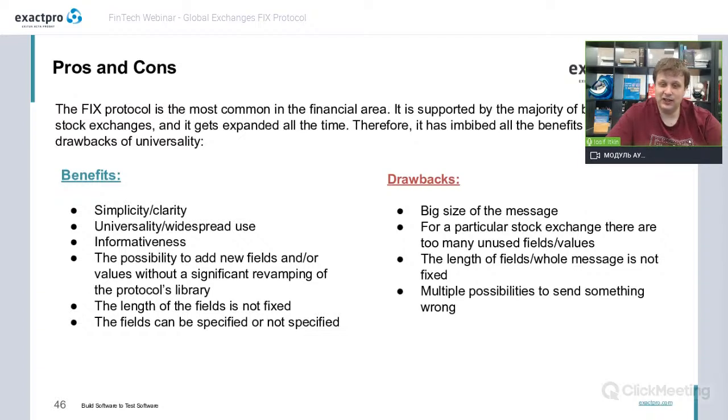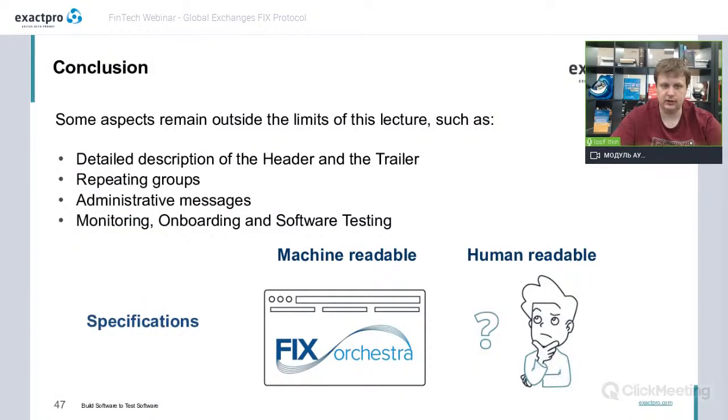The length of the fields in a message is not fixed. It can be a benefit, it can be a problem, and there are multiple possibilities to send something wrong. Yes, there are many things that you can do wrong with FIX.